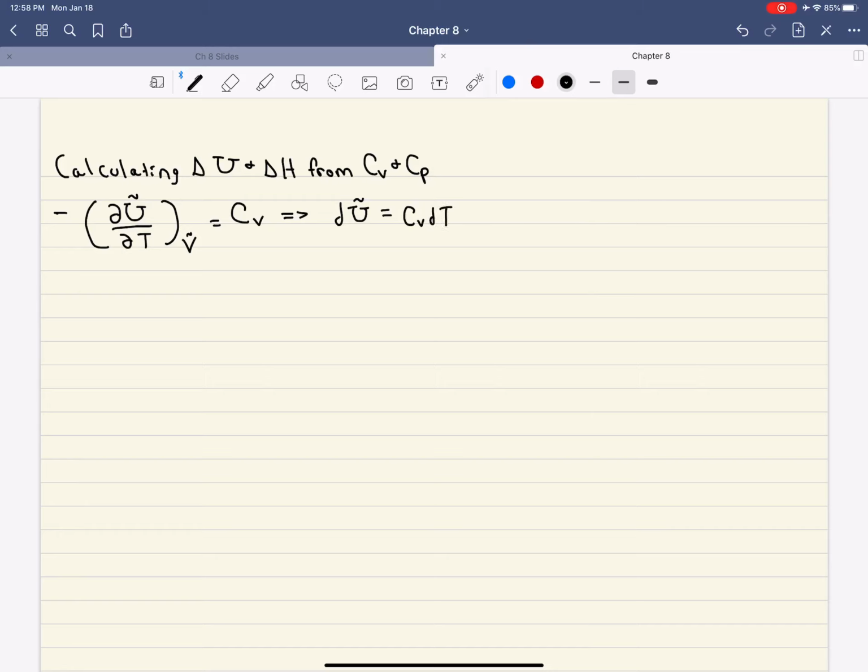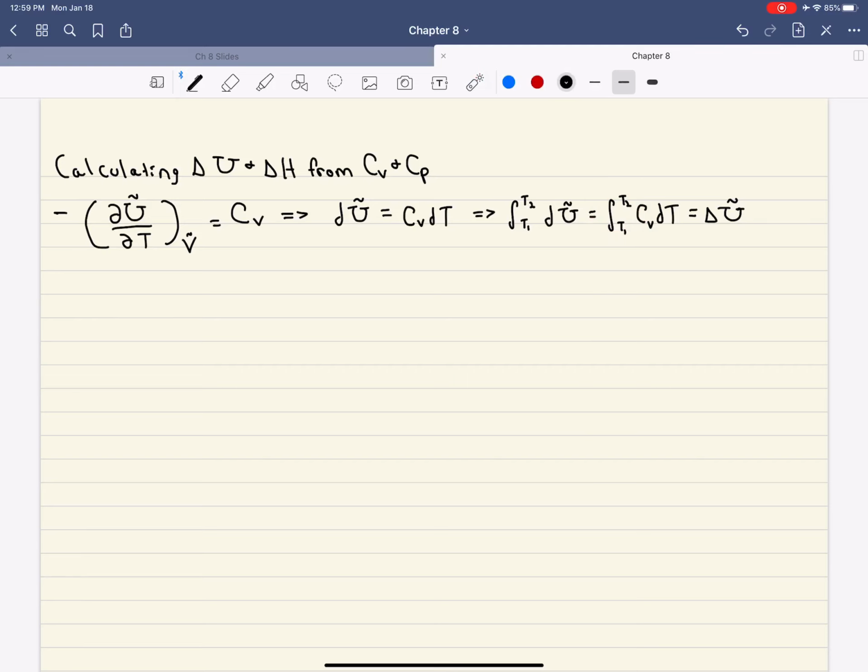Then, if we switch from algebra to calculus, we can take the integral of both sides with respect to temperature, going from some T1 to some T2. By taking this integral, this will give us our change in the internal energy, our delta U. That's the relationship between delta U and Cv. It's related by an integral.